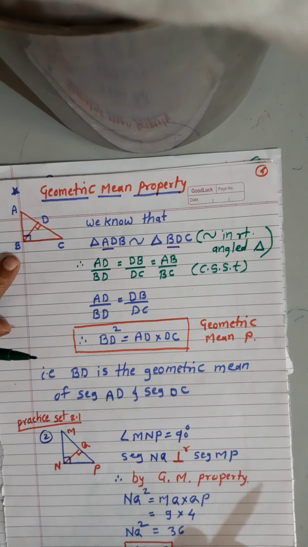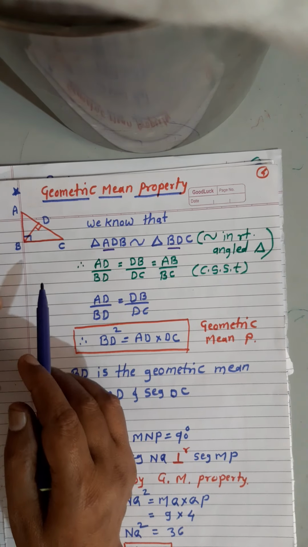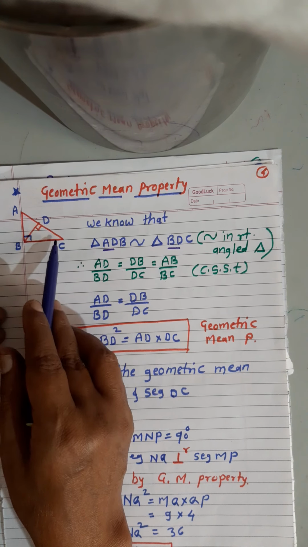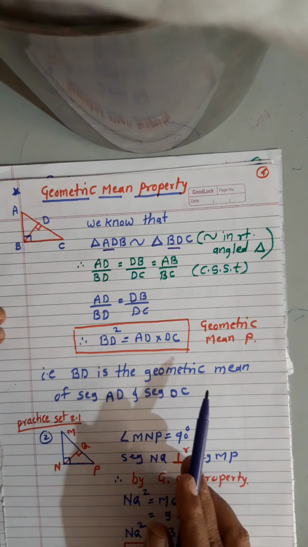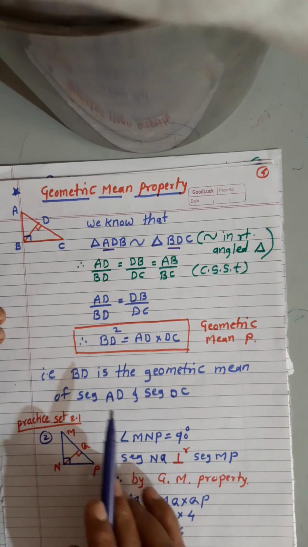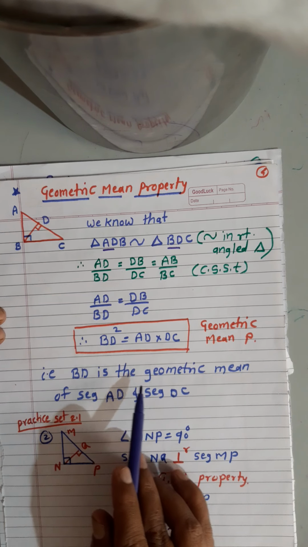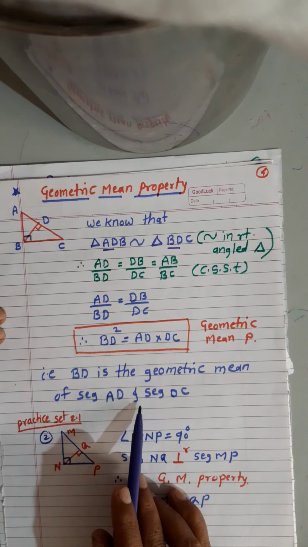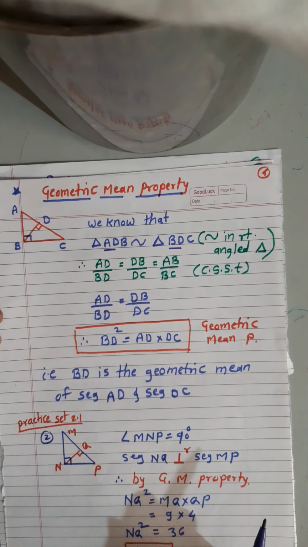BD square equals AD into DC, and BD is called the geometric mean of segment AD and segment DC.